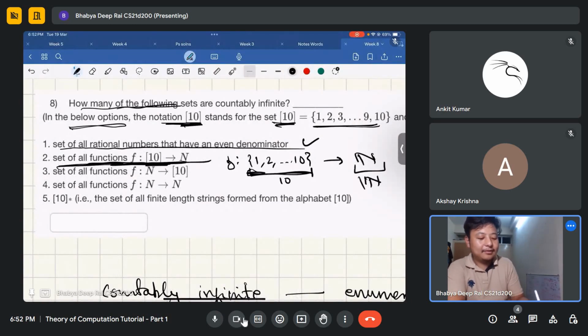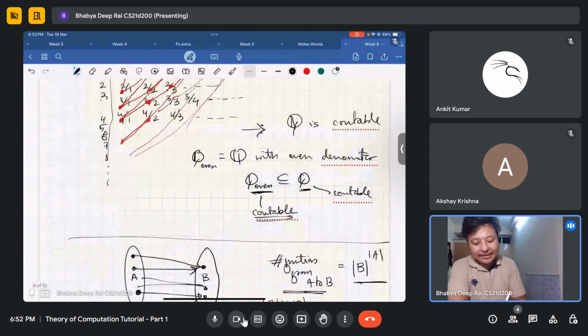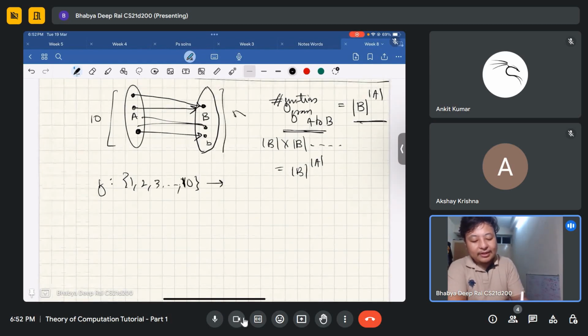Size of N. So we want to count functions which take this set of size 10, that is 1, 2, 3, and so on till 10, and map to all the natural numbers.